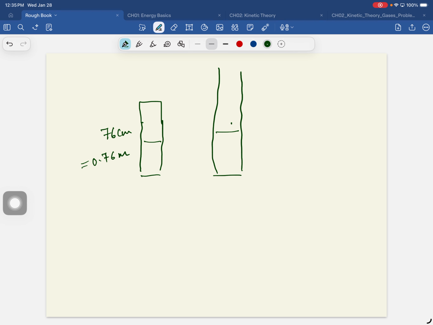So about 2 feet of mercury will balance the column of air all the way to space. That's what that means.